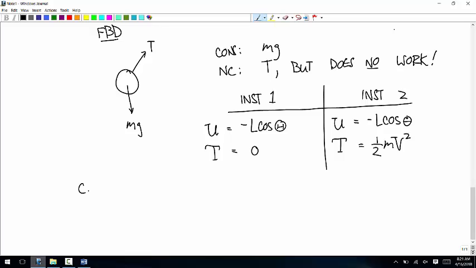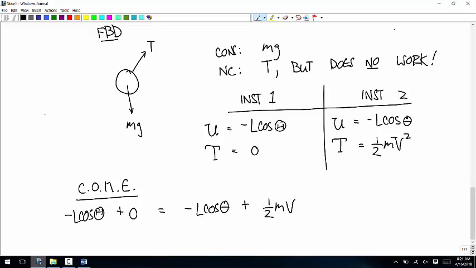Okay, so then conservation of mechanical energy says negative L cosine capital theta plus 0 is equal to negative L cosine lowercase theta plus 1/2 mv squared. You might be confused about how I'm writing this, because this is just the height. There's mass and g in the potential energy.